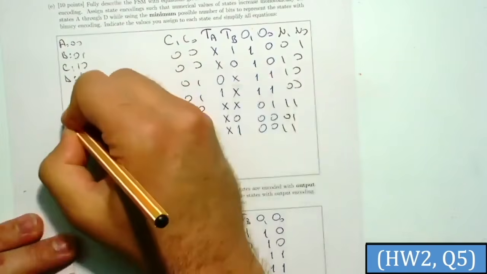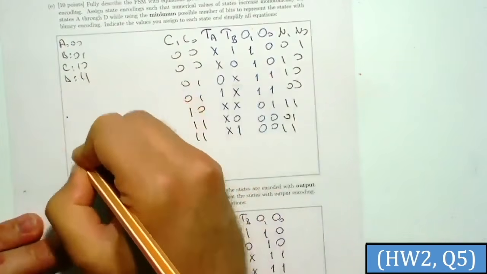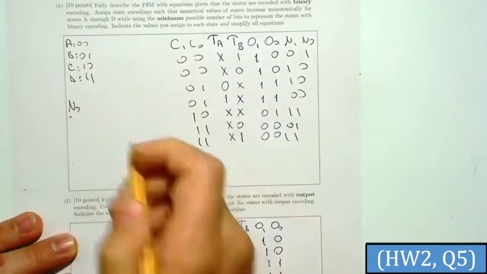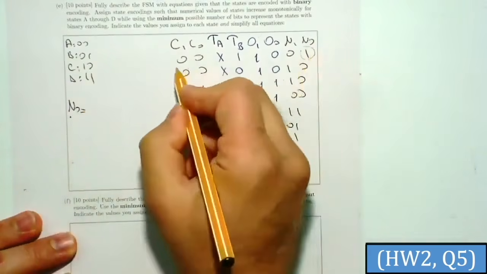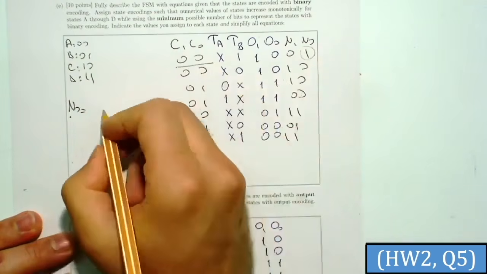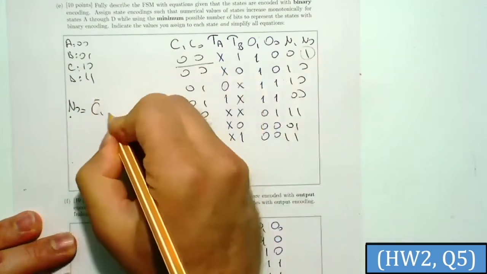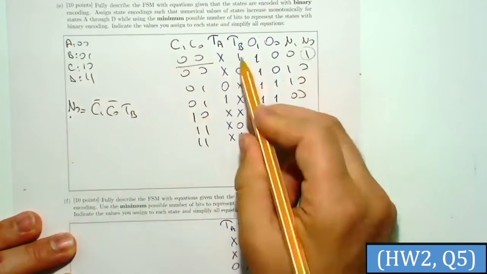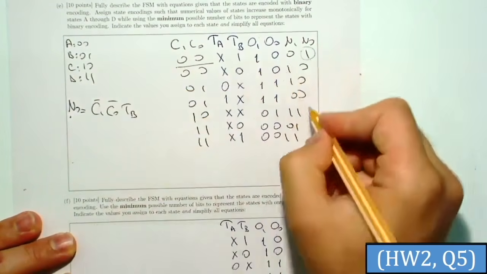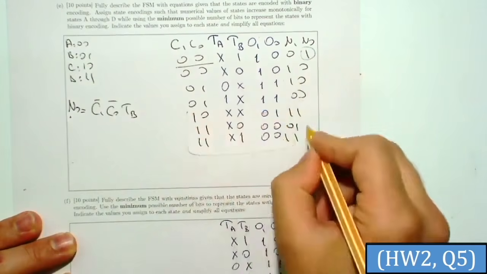next state logic for N0. I'm going to write it here. For N0, I have 1 here, 4 here. So this means that C1 not, C0 not, and TB is 1. Okay. Or I have ones here.